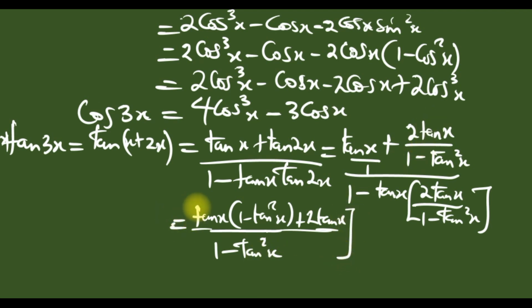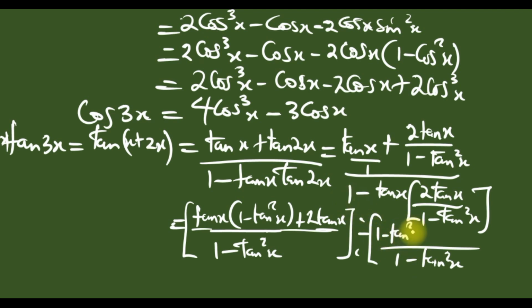So that's our numerator, divided by our denominator, which is 1 minus tan squared x. This in 1 is that, so times 1 is also 1 minus tan squared x.